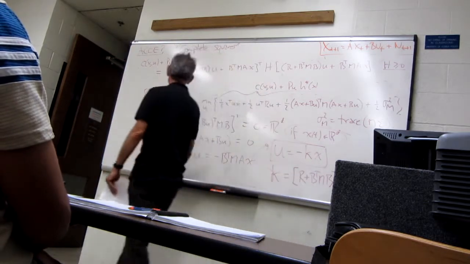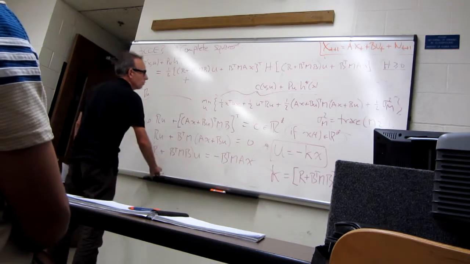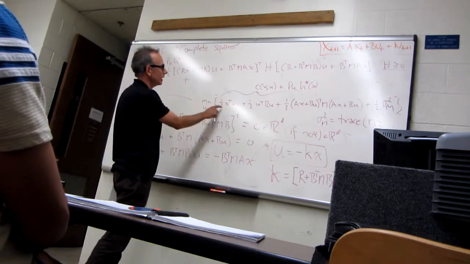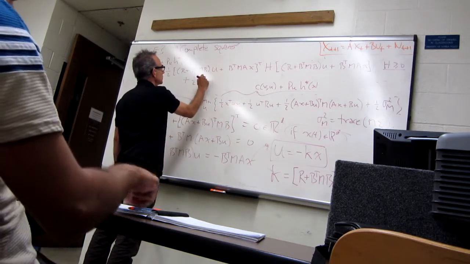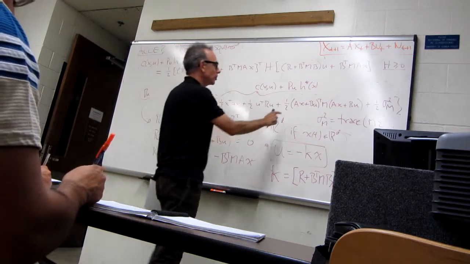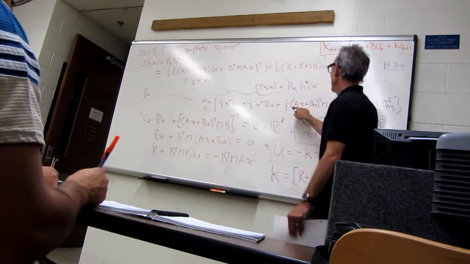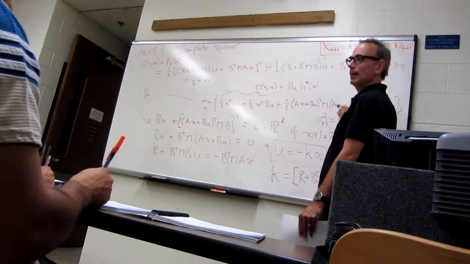I can do it by algebra if you want. Now what about the quadratic terms? Well, of course, I'll get the x transpose x. And there's another pure quadratic here. There's the ax and m and ax.